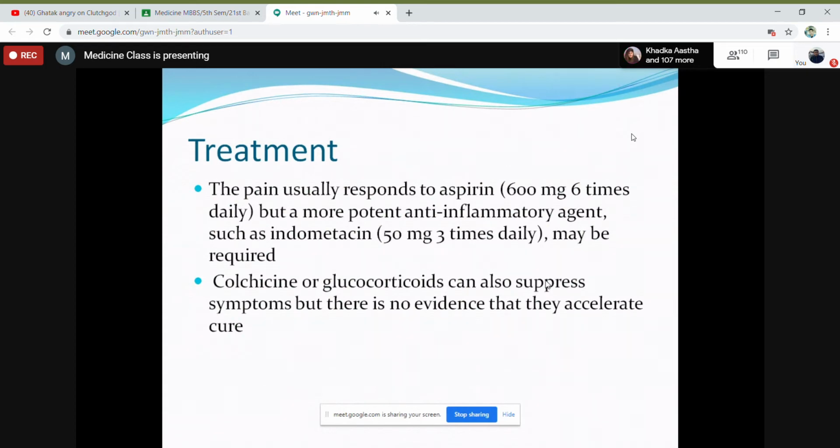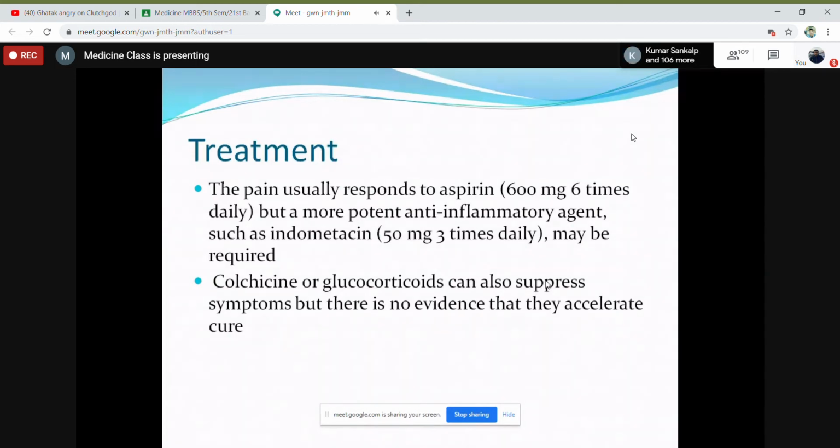But if aspirin is not effective, other NSAIDs, non-steroidal anti-inflammatory drugs like ibuprofen and indomethacin can also be given. Ibuprofen can be given in the dose of 400 to 600 mg 3 times a day, and indomethacin in the dose of 50 mg 3 times a day.